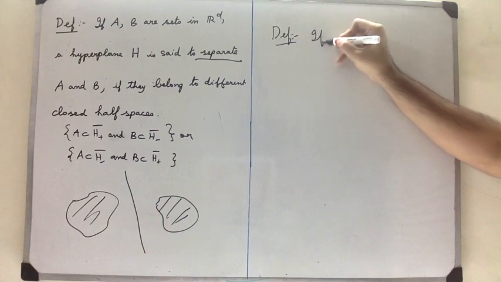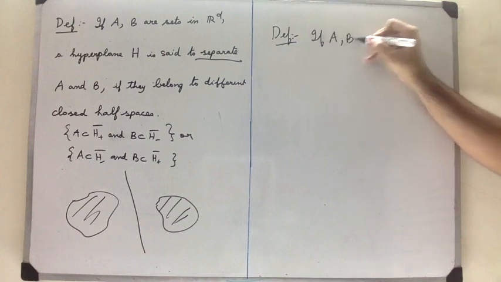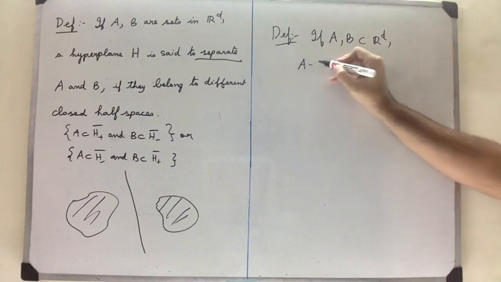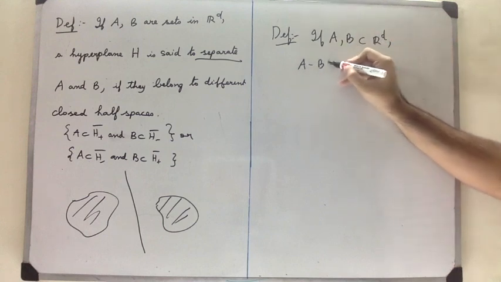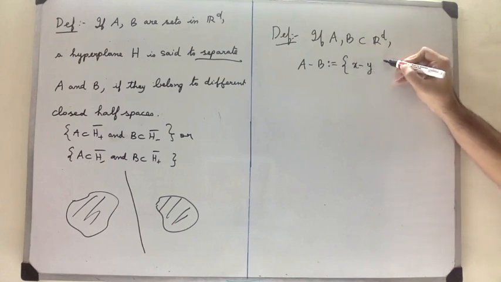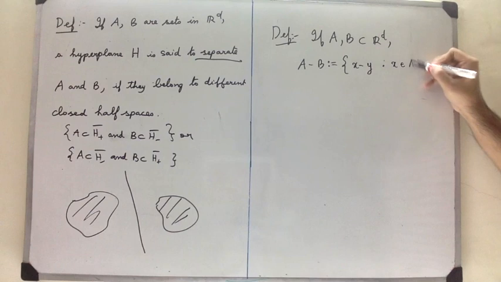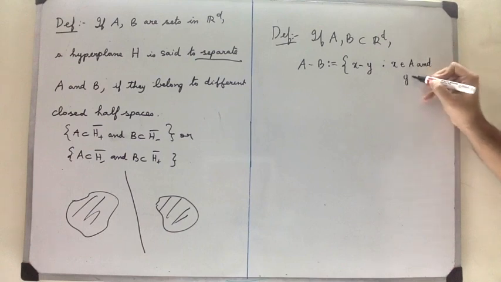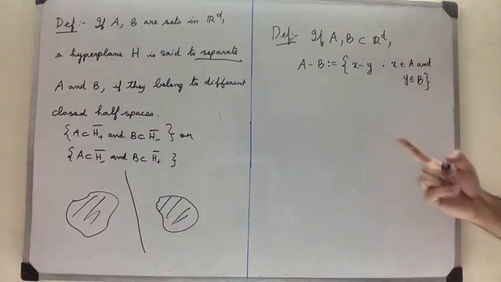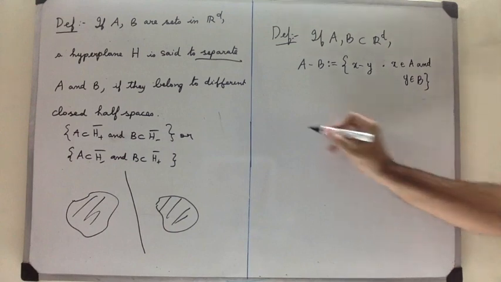So if A and B are sets in R^d, then the difference between the sets, A minus B, is defined to be the set of all differences between elements of the sets. So this is the difference between the two sets, A minus B.